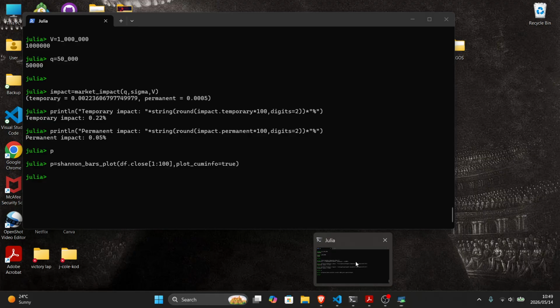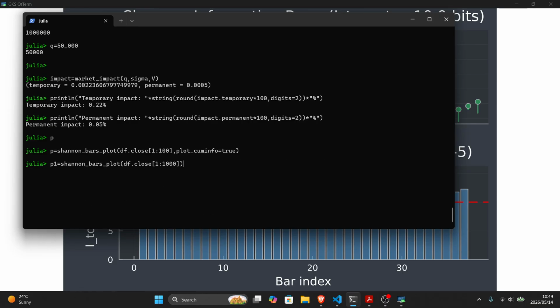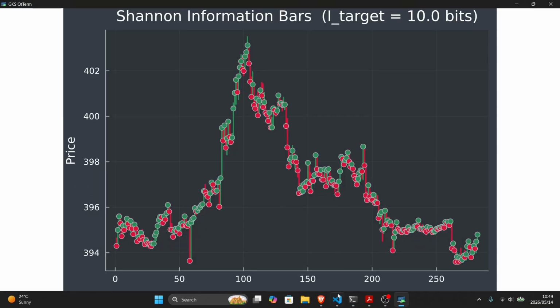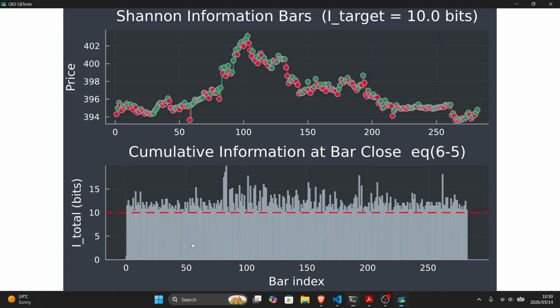But now I'm going to be running this for a fairly large number of entries, about 1,000. I'm not going to show the cumulative information at first. I just wanted to see the geometry. And as you can see, our target of 10 bits gets hit, well, almost all the time, right?